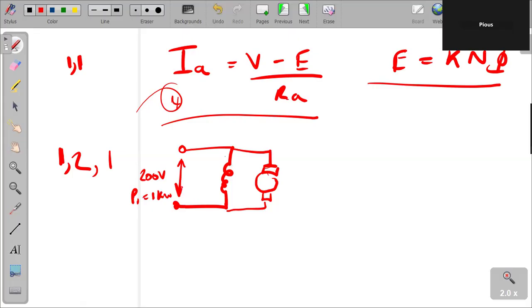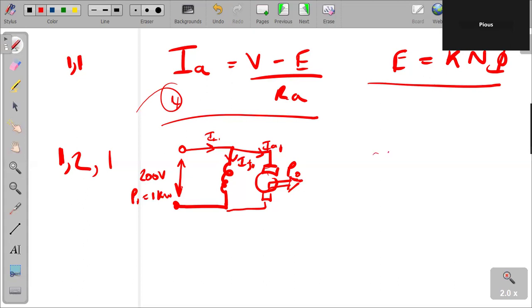So we have IF1 there, and IA1. Mind you, this is a motor, so we have IL1 there, and then we have P out. And that's our diagram there.